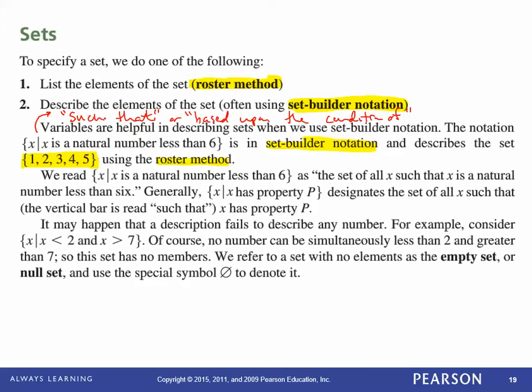So again, the short way to say such that, so X such that X is a natural number less than 6, or X based upon the condition of, and then you write whatever condition you want inside here. So, and there's something called the set builder notation. We will use both. And then we have interval notation, which we'll also use here. So all the different ways we do this.